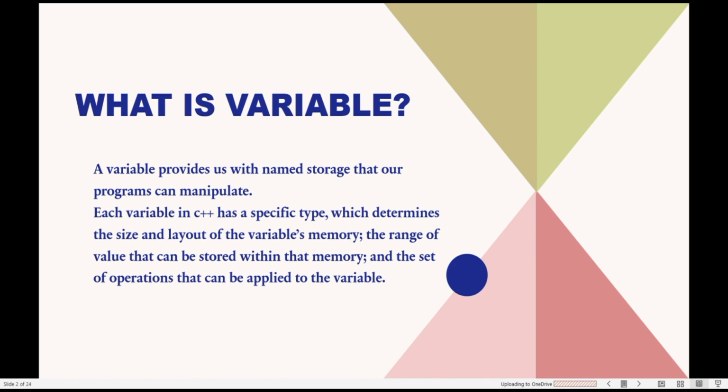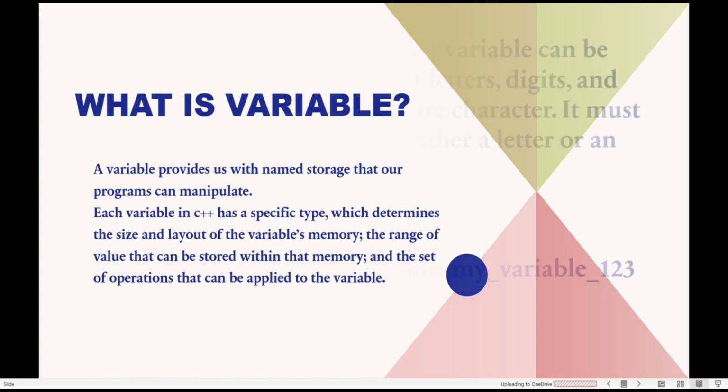In C++, a variable is a fundamental concept that provides a main storage location within a program. This storage can hold data, and the program can manipulate or retrieve this data as needed. Variables are crucial for storing information that programs use and process.